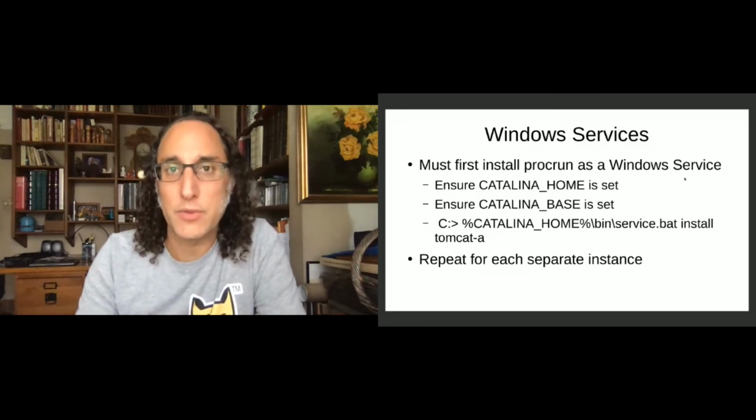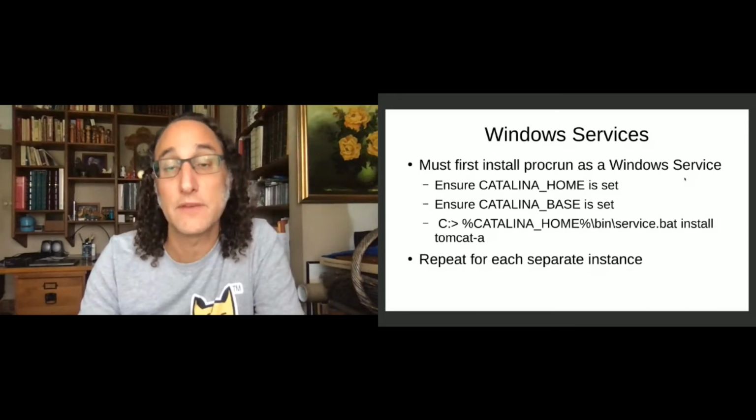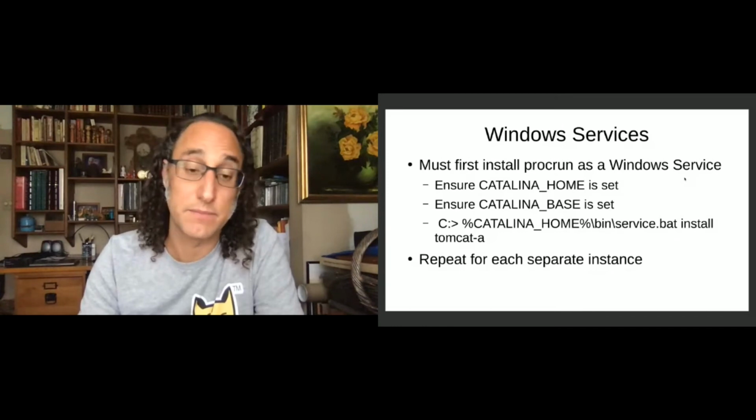Now it's worth pointing out that in order to get that file as well as the executable files which are necessary for Windows, you'll have to get, on the Tomcat download page, the bundle that is listed as either 32-bit Windows zip or 64-bit Windows zip. If you just get the binary zip package, it will not include these files. I actually made that mistake earlier when prepping for this presentation.